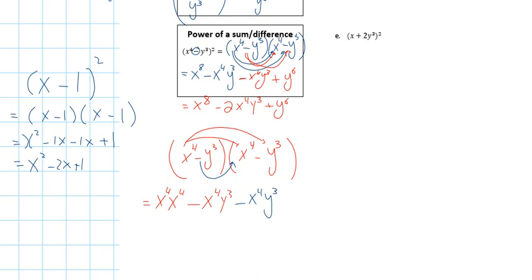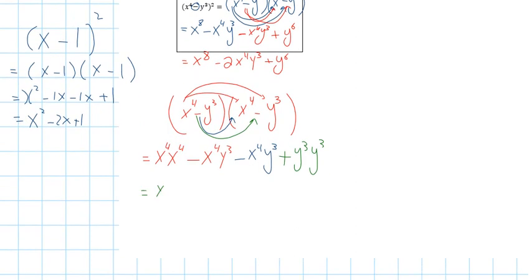Then the last one is negative y cubed times negative y cubed. Negative and negative makes a positive, so y cubed times y cubed. So x to the 4 times x to the 4 gives me x to the 8 because I add my exponents. The middle terms I can't simplify yet, so I write them as is.